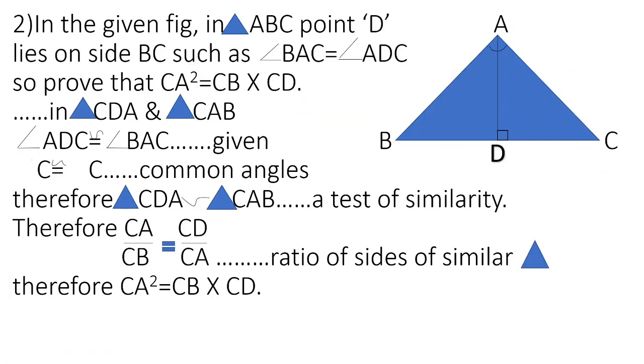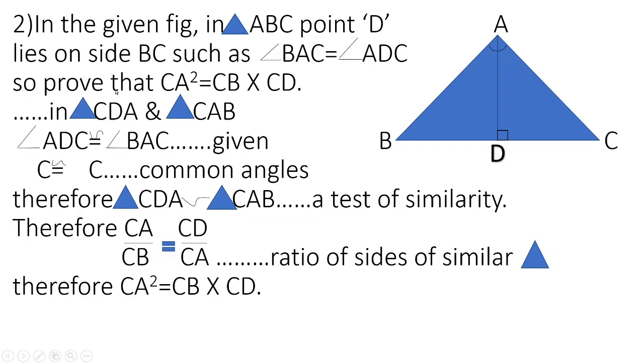Now second example. In the given figure, in triangle ABC, point D lies on side BC such that angle BAC is equal to angle ADC.